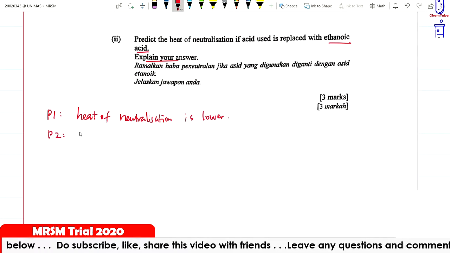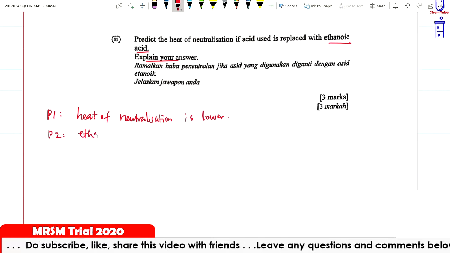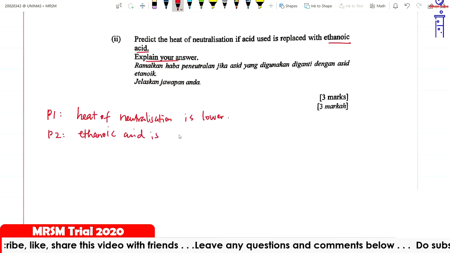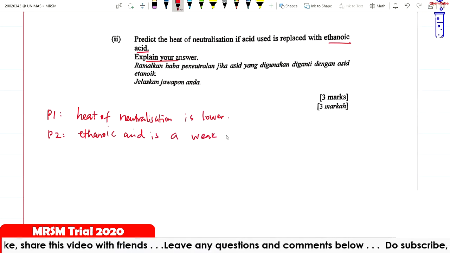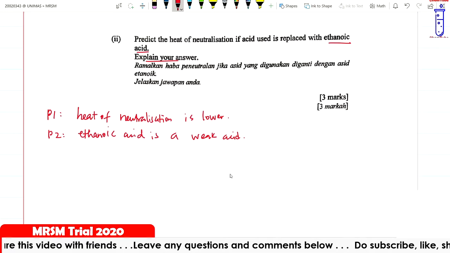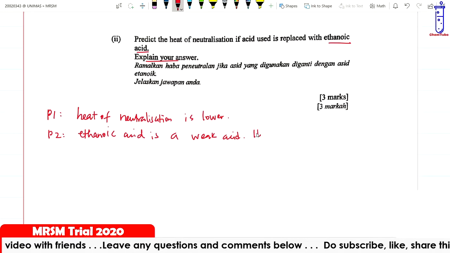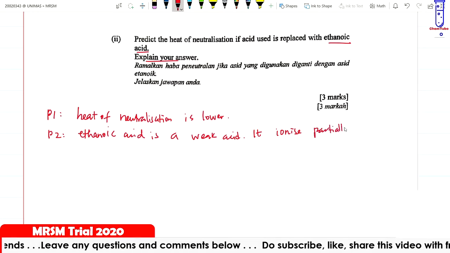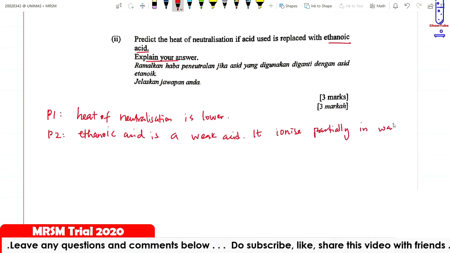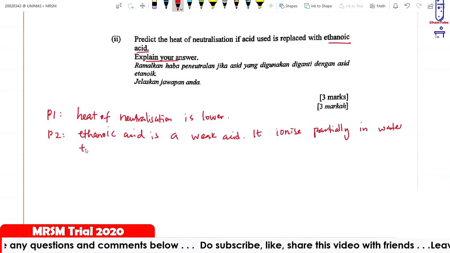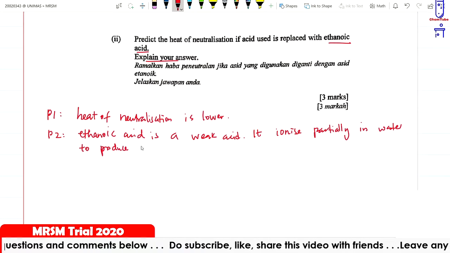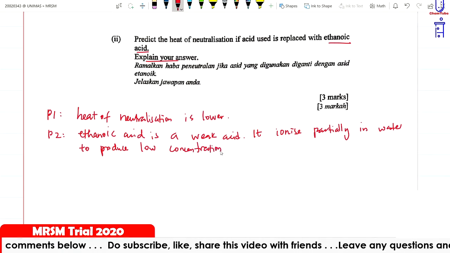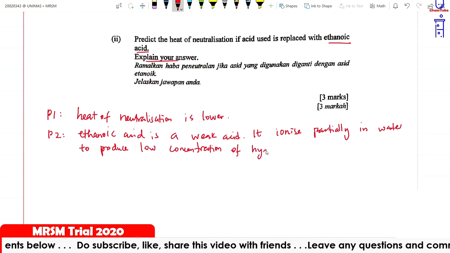Point number 2, the ethanoic acid is a weak acid. It ionizes partially in water to produce a low concentration of hydrogen ions.